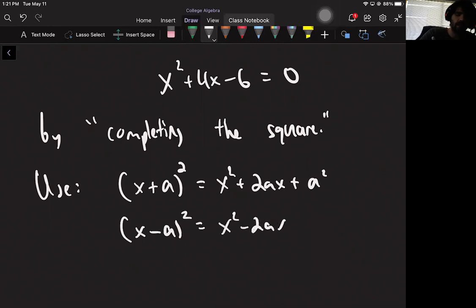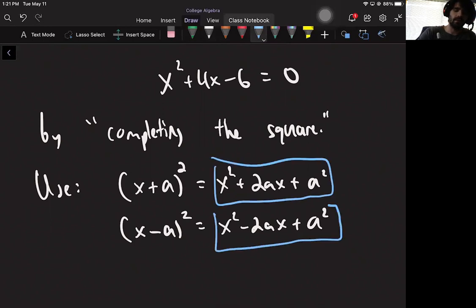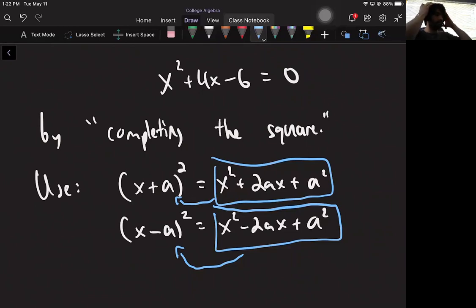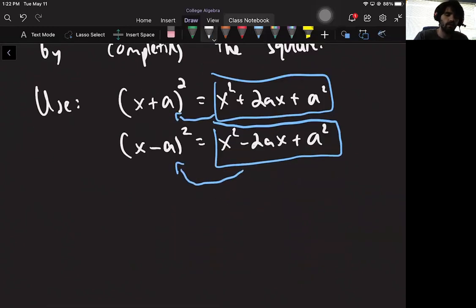Make it minus 2ax instead. So we're going to use this fact, except we're going to sort of go backwards. The idea being, if I have something that looks like this or like this, I can factor it into something times itself, something squared. So that's what we're going to try to do.